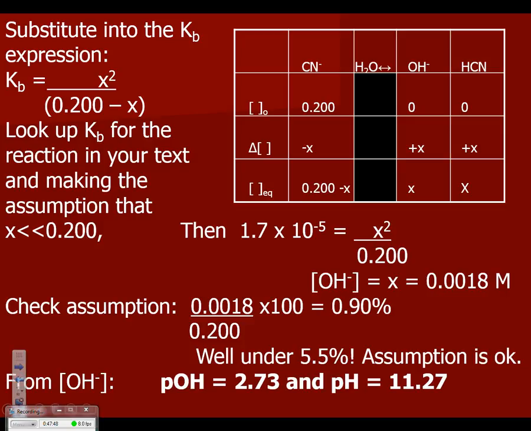And since this 0.001 is our OH concentration, we go minus the log of that. That would give us POH. Subtracted from 14, we get pH, which is basic, which it should be. If I end up with something that's acidic, then I know something's wrong. So if I try to stop here and I'm working with a base, I know I didn't finish.